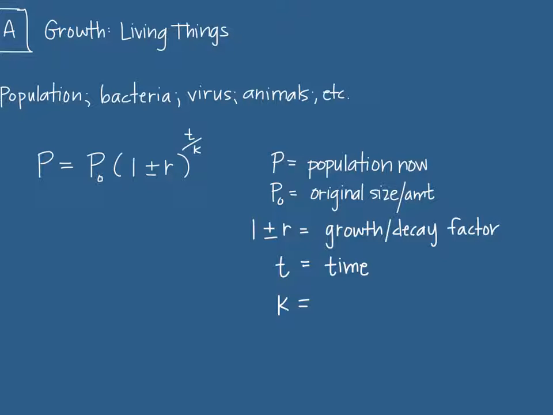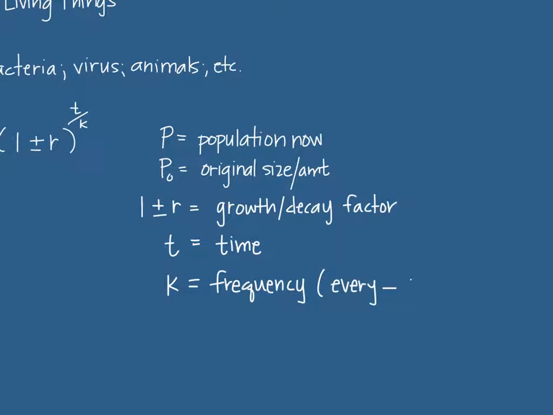K is what we call the frequency. It'll say something like every so many days, or every 4 years, or every 6 months. It's like the frequency, almost like a cycle, how often that's happening.